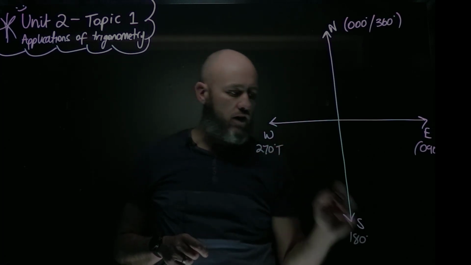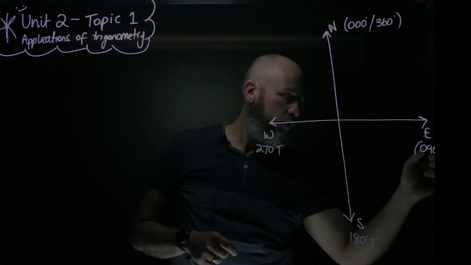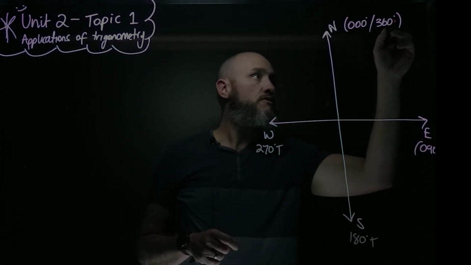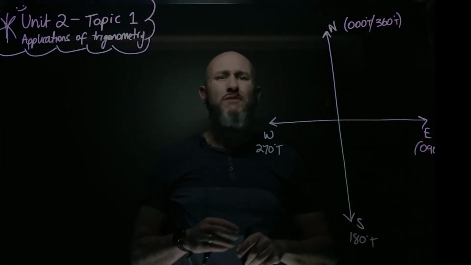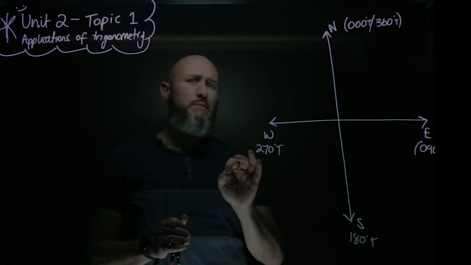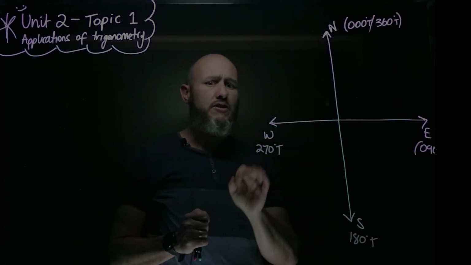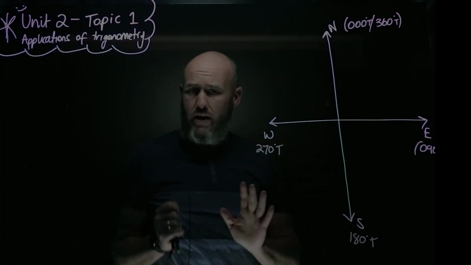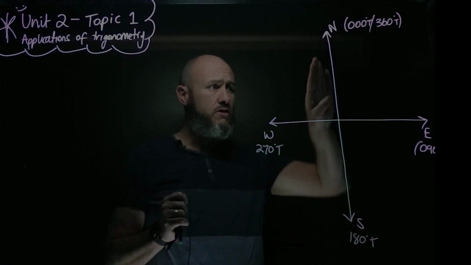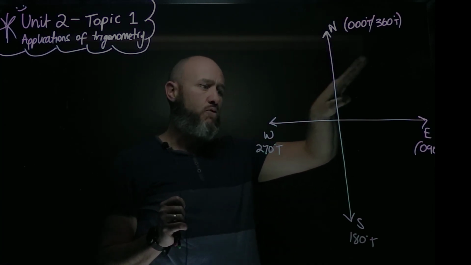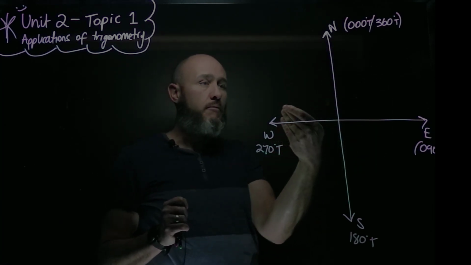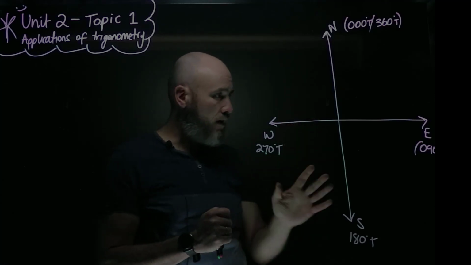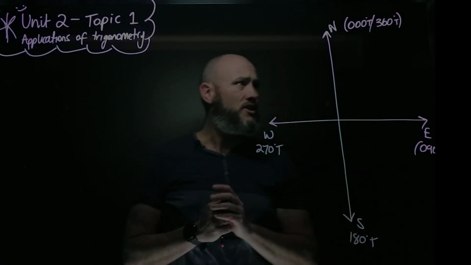And of course we can add a little T for true onto that as well. Now bearings are always measured from north and they're always measured in a clockwise direction. So a bearing is a number that denotes the direction. It gives you nothing about distance, just the direction, from north around and then back to north. So we've got to keep in mind that it's always direction based.